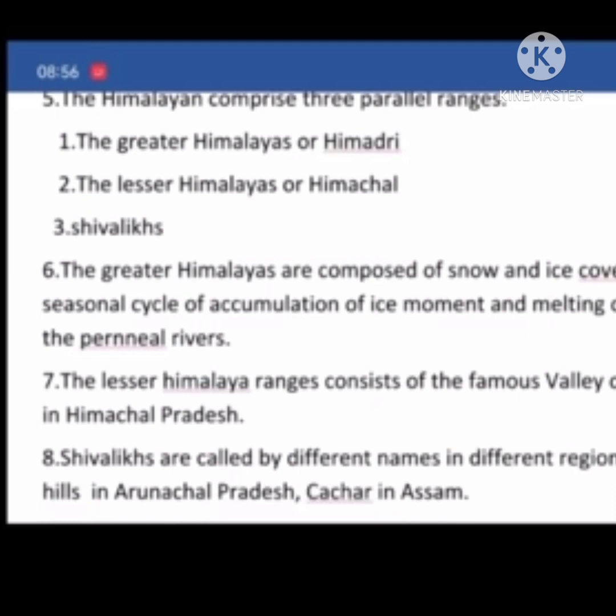Next, the Lesser Himalayan ranges consist of the famous valleys of Kashmir and Kangra and Kulu in Himachal Pradesh. Next, Shivaliks. Shivaliks are called by different names in different regions: Jammu Hills in Kashmir, Mishmi Hills in Arunachal Pradesh, Kachar in Assam.